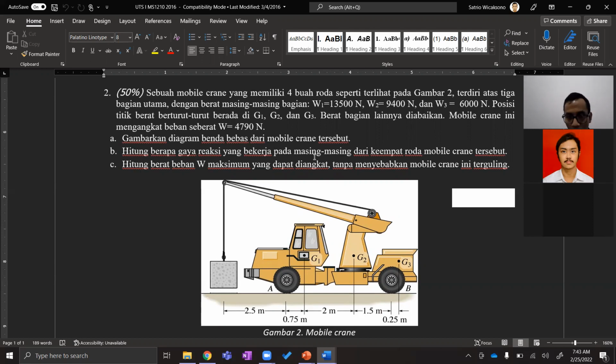What is the maximum force that it can hold, which almost makes it tilt, almost makes it roll over like that. I believe we have discussed this.